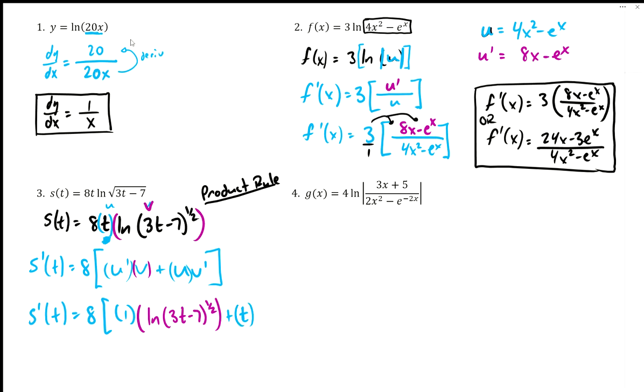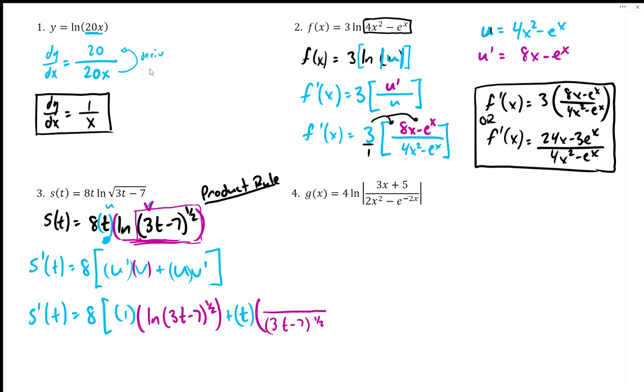And then now I'm looking at v prime. Okay, so v prime going here. Well, again, it's a natural log, so I'm saying instantly this whole thing should go in the denominator. So 3t minus 7 to the half instantly in the denominator. And then I'm saying the derivative of that should be in the numerator.